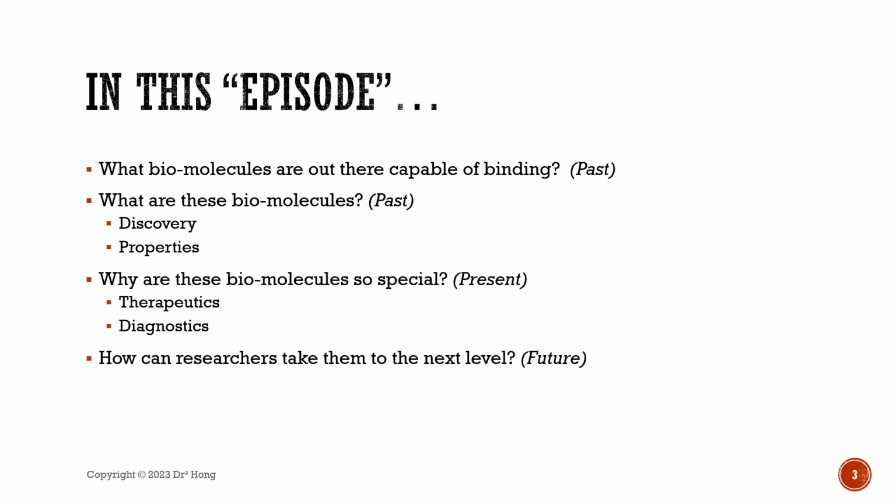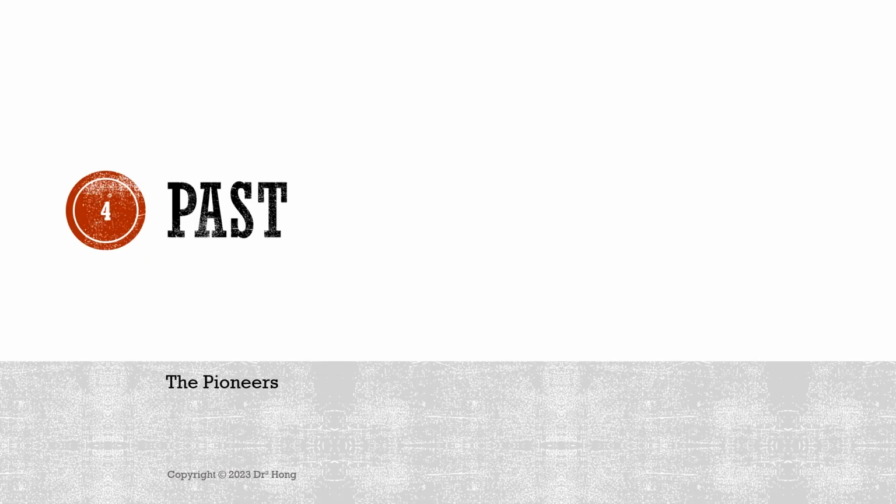Now, in this episode, we are going to talk about different kinds of biomolecules that are capable of binding, how they are going to be discovered, what their properties and applications are, and can we even take them to the next level. So it is all about past, present, and future. Now let's have a little history lesson and look at the past. That means the pioneers of the field.